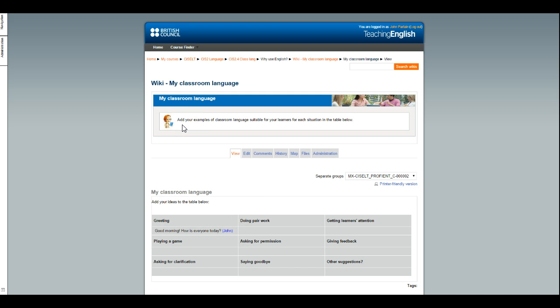In this wiki, we add your examples of classroom language suitable for your learners in each situation in the table below. The key here is to remember for your learners what's adequate. If it needs to be graded based on their language level, well, that's fine.